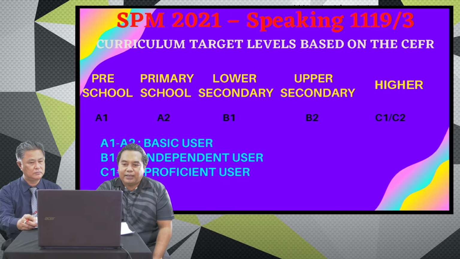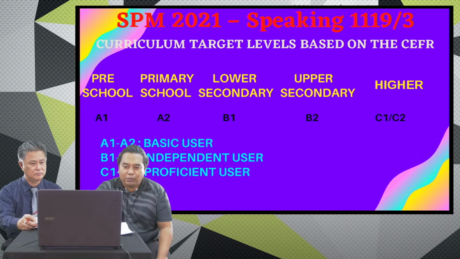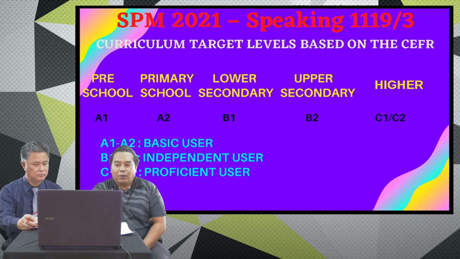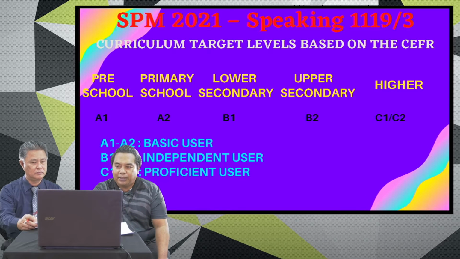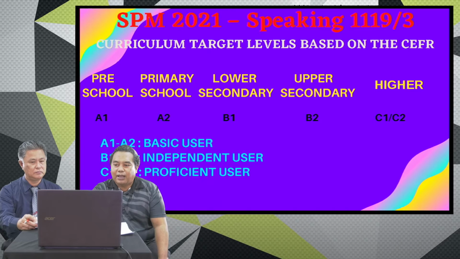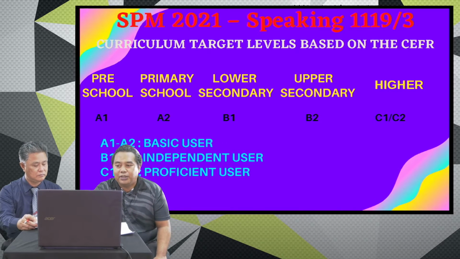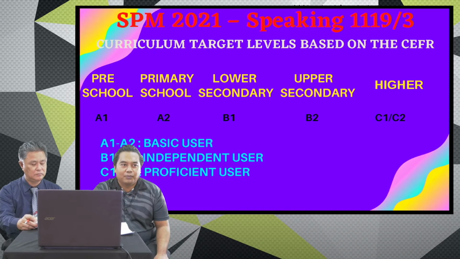At A1 we target our preschool students. For primary school, we target them to achieve A2. For lower secondary, B1. For upper secondary, B2. For higher education, we target them to be very proficient in English, which is C1 or C2.